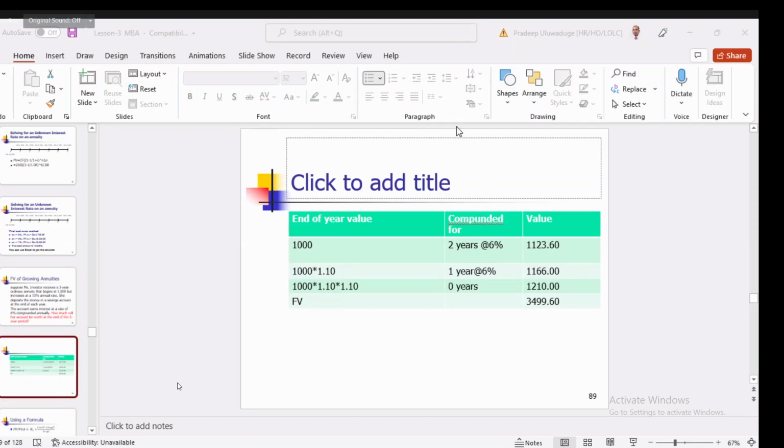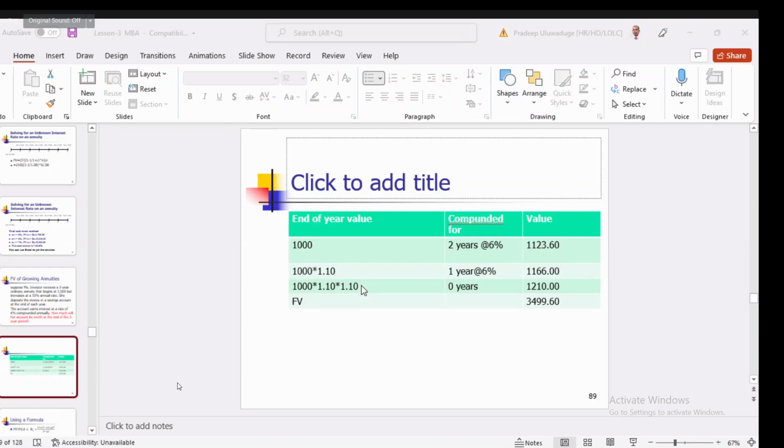See, the first year she deposits 1,000 rupees. The second year, that 1,000 is increased by 10%. The third year, that is increased again by 10%.